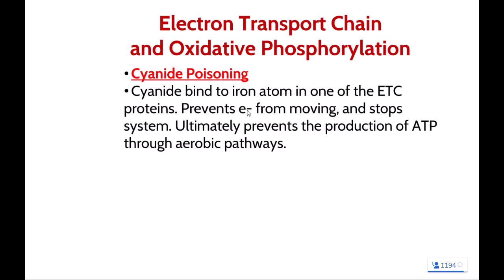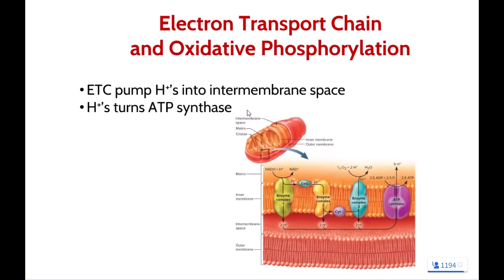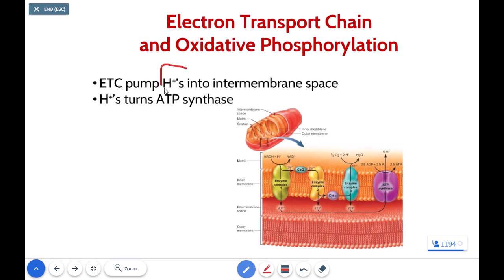So when we think of cyanide, it clogs up the electron transport chain, and by causing the electrons to stop moving, cyanide makes it so we stop making the ATP that we need, and that's how cyanide kills us. The electron transport chain, to emphasize this, is going to pump lots of protons or hydrogens into the intermembrane space.